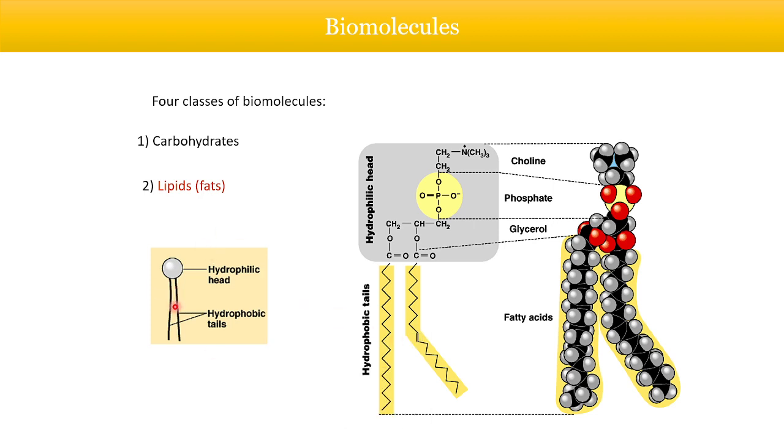This is one example of your lipid moiety, which is also known as your fat. This has a hydrophilic head, which mostly stays outside in the company of water, and then the inner part is your hydrophobic tail. So this forms the core of it.